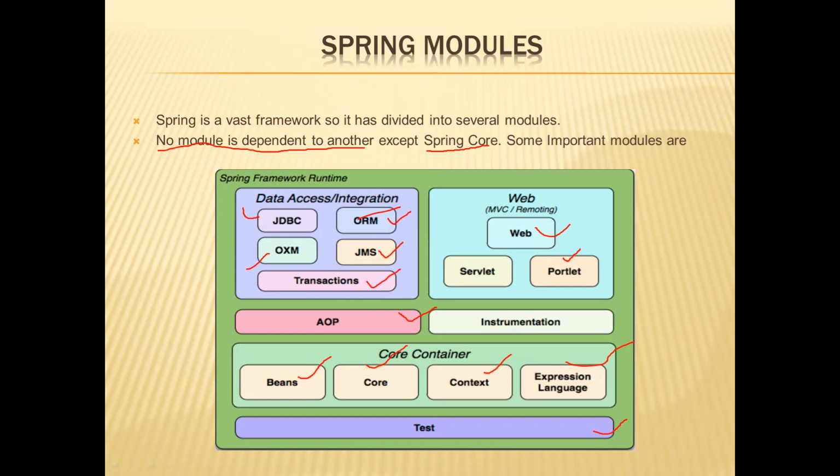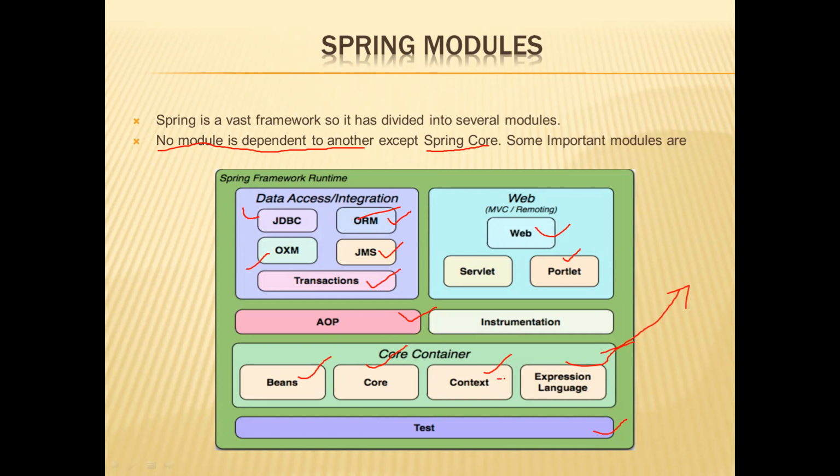Okay. And here, if you observe these modules, think about the core module, the most fundamental. As I told, these are the fundamental parts of the framework, like the IOC container and dependency injection features you can use.